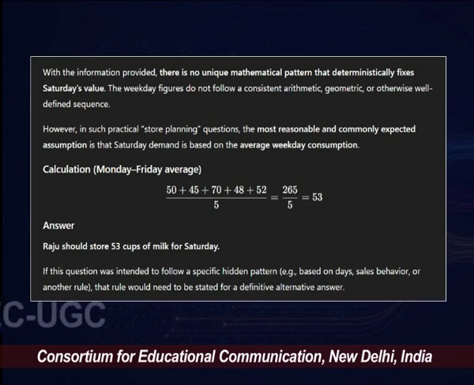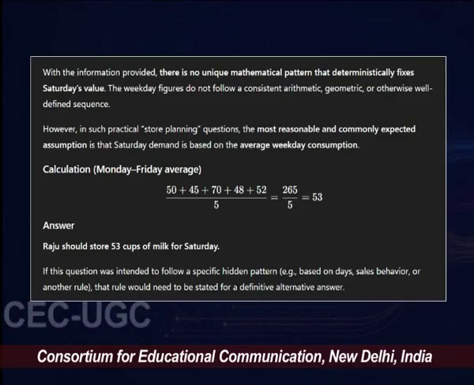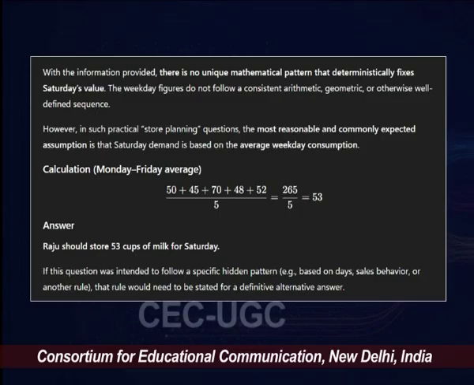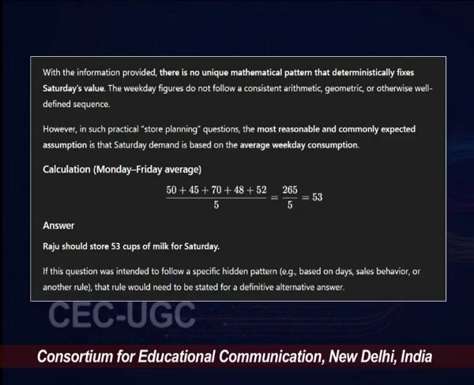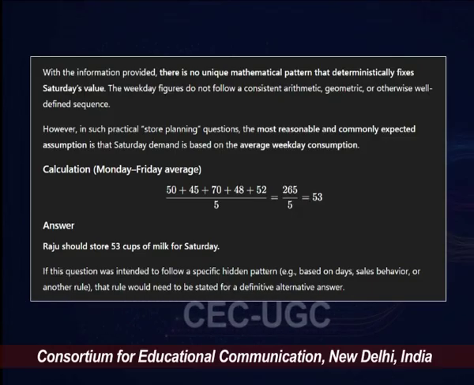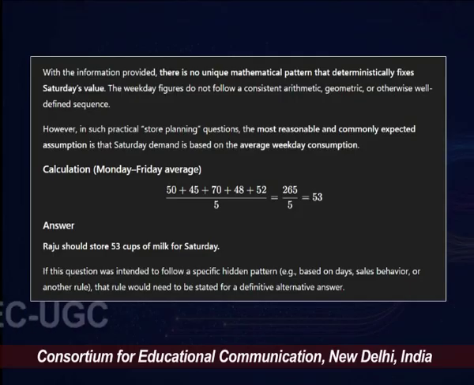If we calculate the average of cups Raju sells, which is adding all the number of cups Raju sells throughout the week from Monday to Friday, and then divide it by the number of days, we should expect Raju to sell that many cups on Saturday. Now you see, data science is not just about writing Python code. It's also about using logic to come to a solution for your problem.